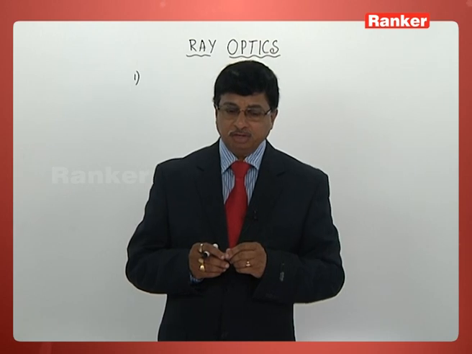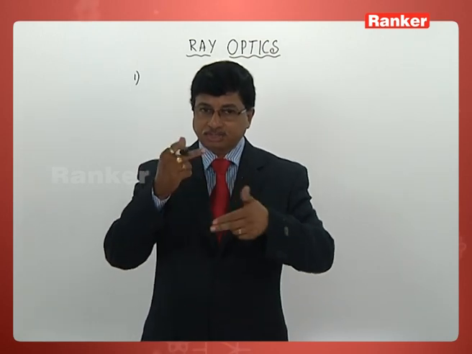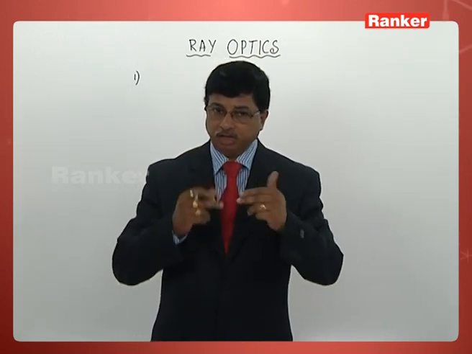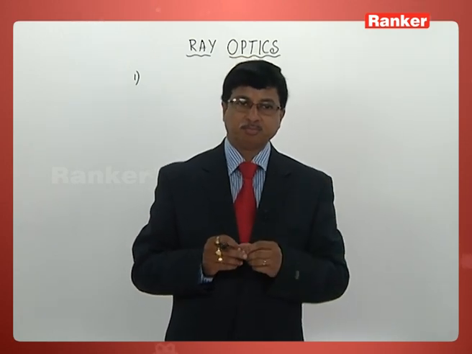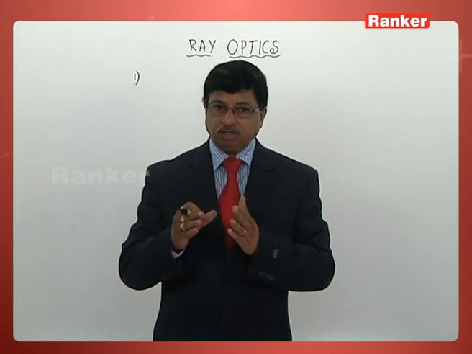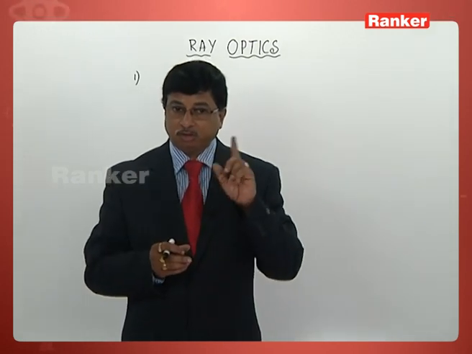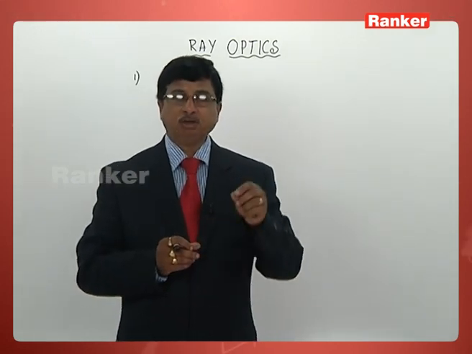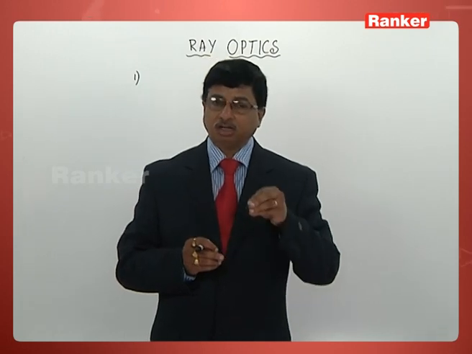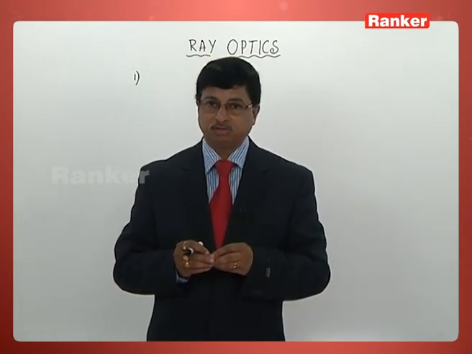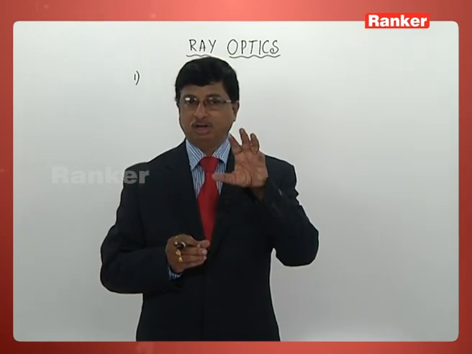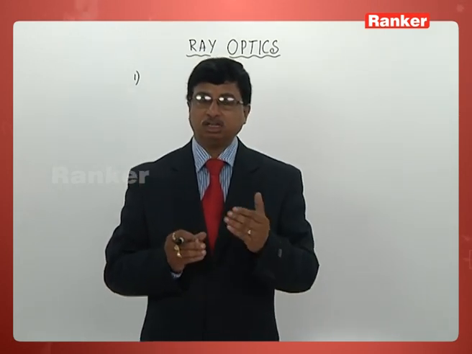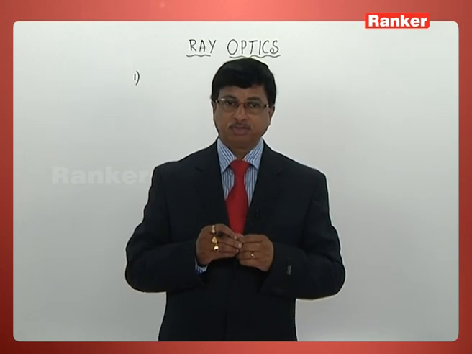That means if the image is formed upside down or inverted, magnification should be written with a negative sign. If the image is formed erect with respect to the object, then we consider the magnifying power or magnification as positive.